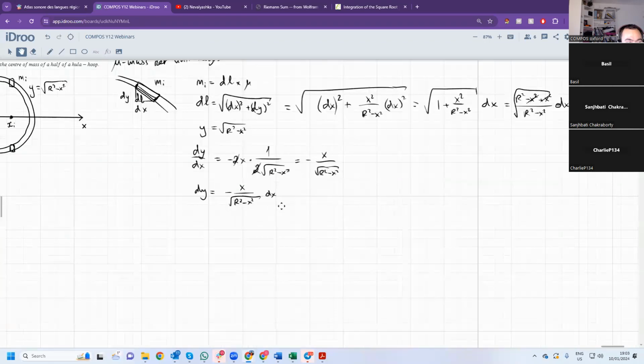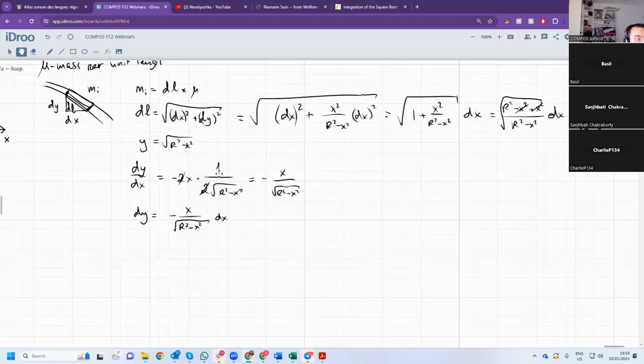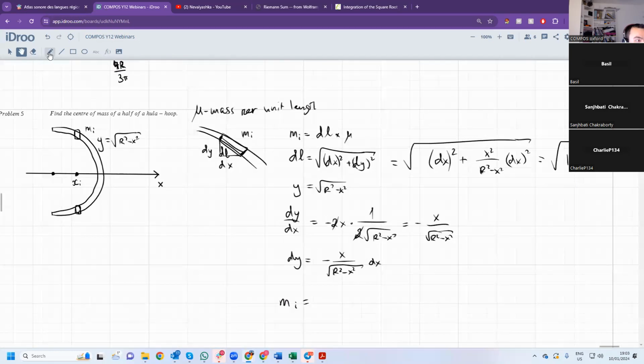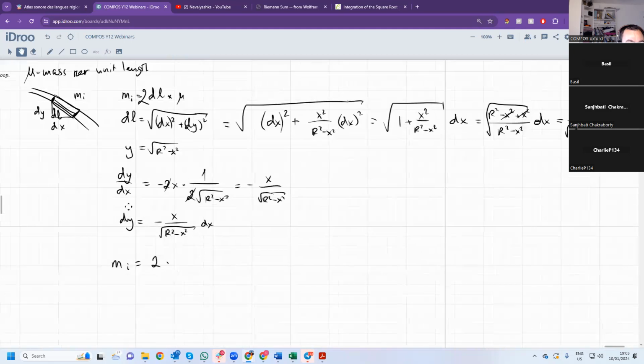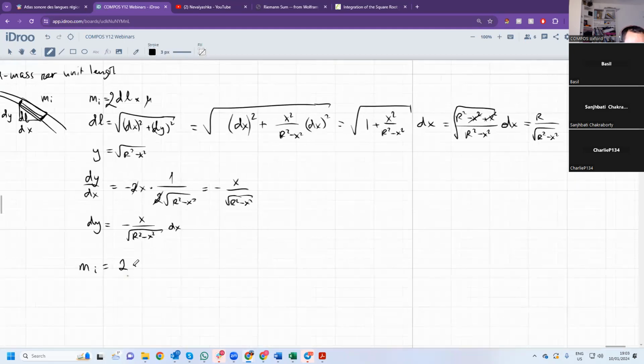So now we can find the mass mi. Oh, sorry, I forgot to mention there are two of them. They're symmetrically placed, one above, one below. So we need a 2 here. So the mass is 2 multiplied by mu and multiplied by dl, and dl is r divided by the square root of r squared minus x squared, dx.